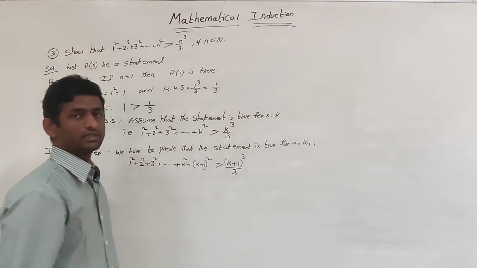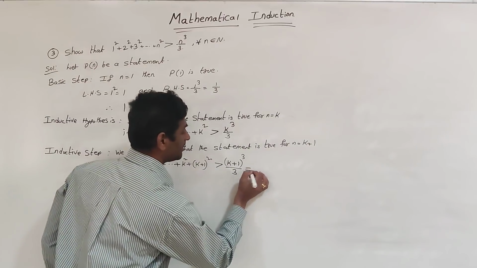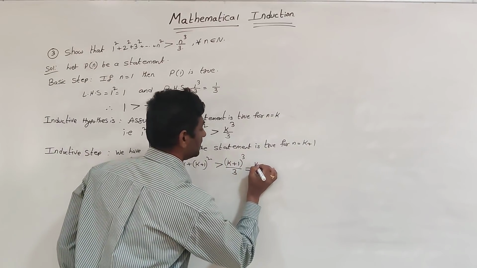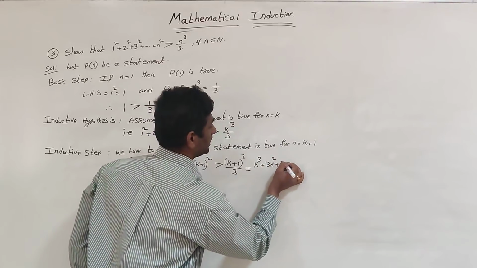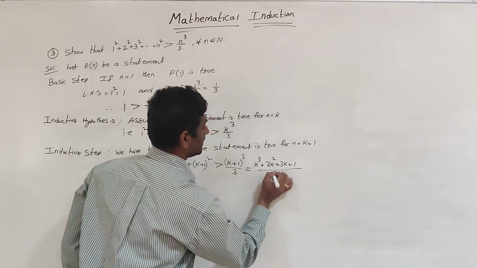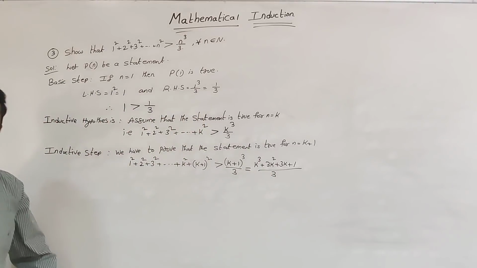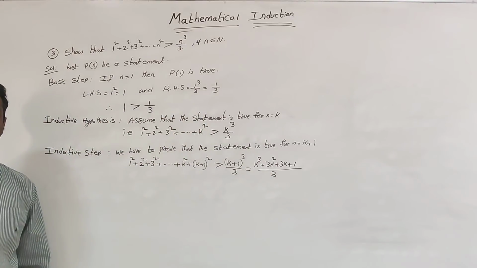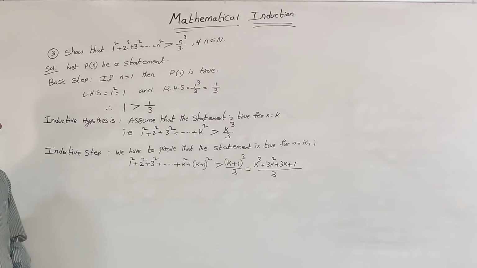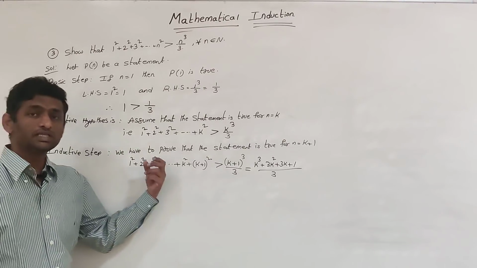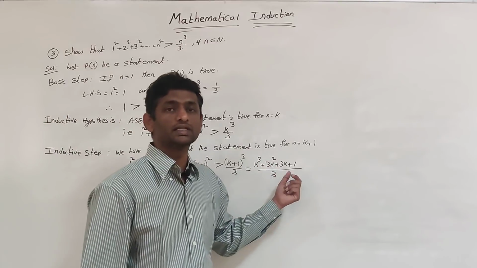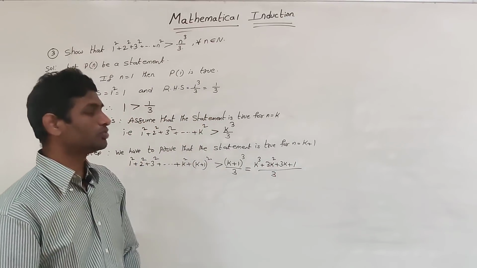We have to prove it. Or if we simplify k plus 1 whole cube, it will be k cube plus 3k square plus 3k plus 1 by 3. This is to be our goal. Now let us take the LHS and we will see whether this value is greater than k plus 1 whole cube by 3 or not.